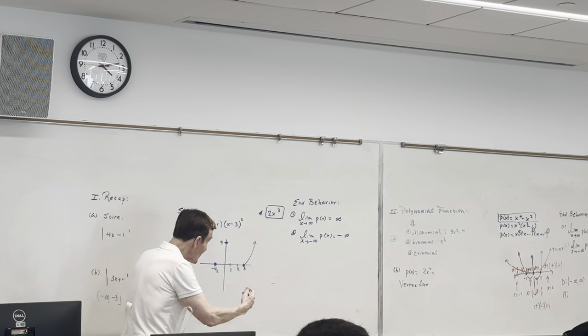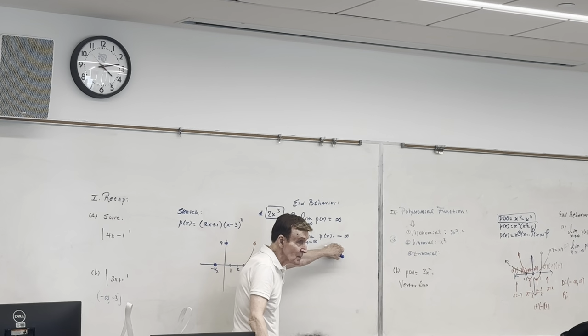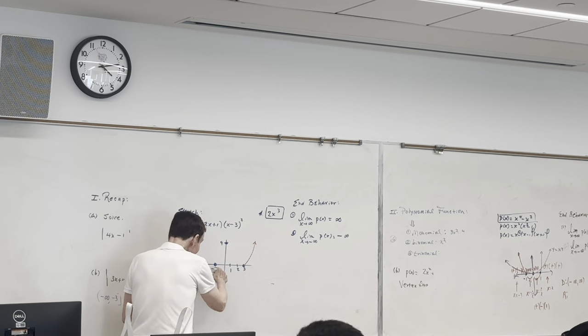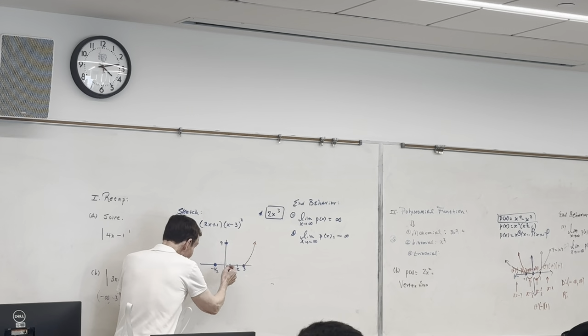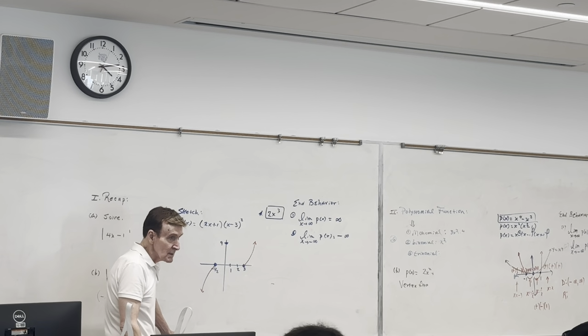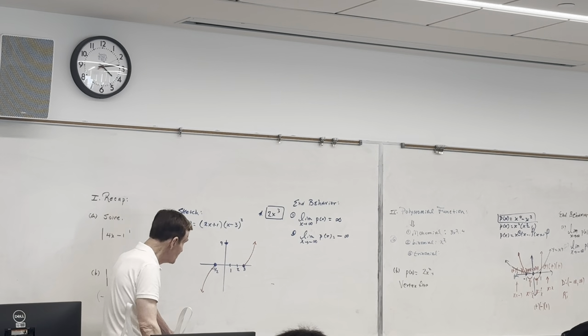Out on the other end, which is approaching negative infinity, we calculated also the graph is going through negative infinity. It's dropping. Is that the same way the cube graph did earlier? It's behaving just like the cube graph, and it should.